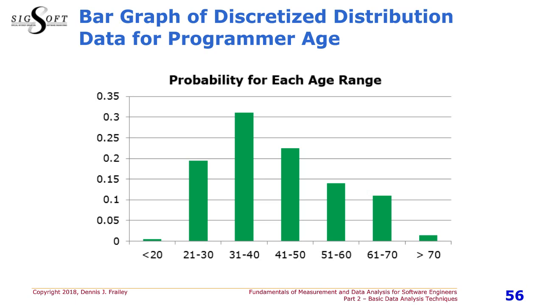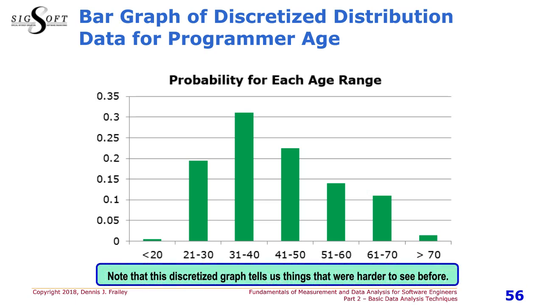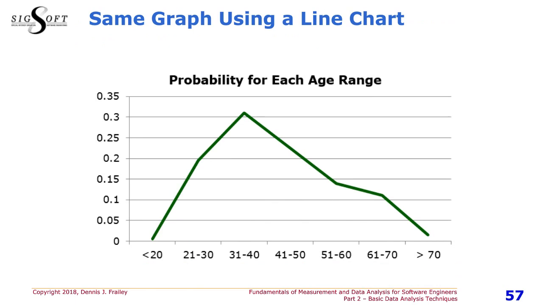Now, this is a very good example of how discretization can really be beneficial. Discretization tells us things we didn't see before. This is a line graph of the same data, and you'll notice that it sort of has the shape of the top of the bar graph.